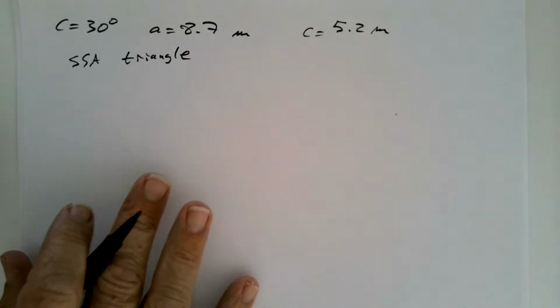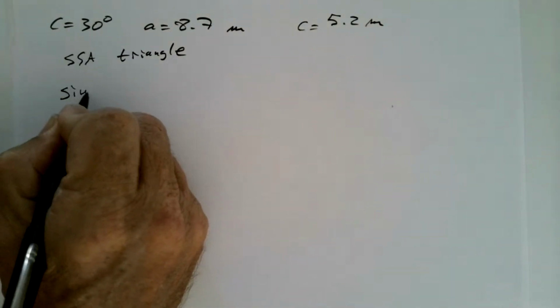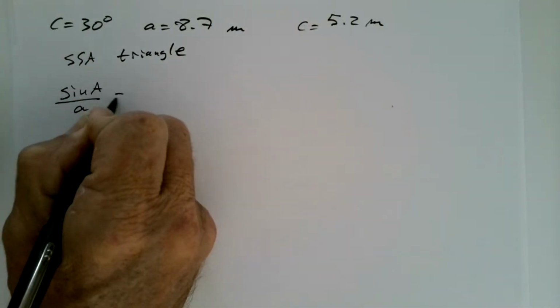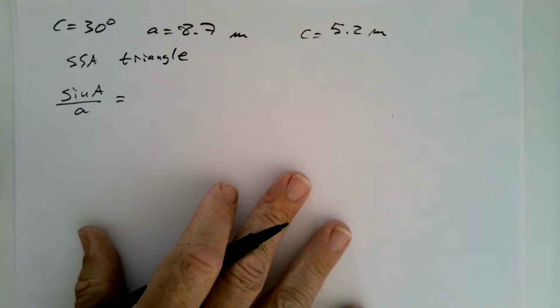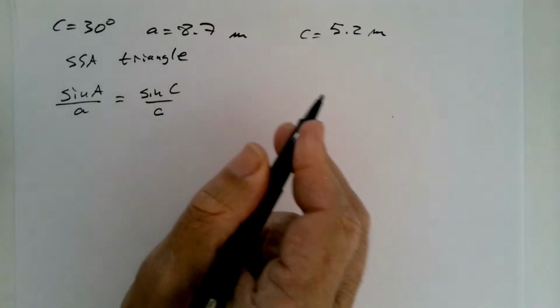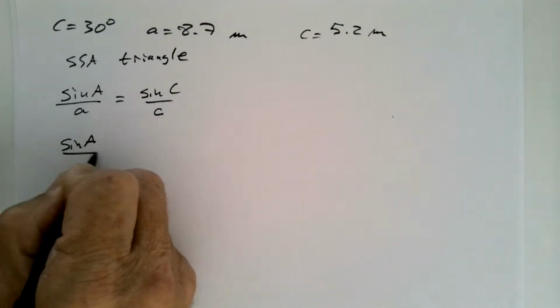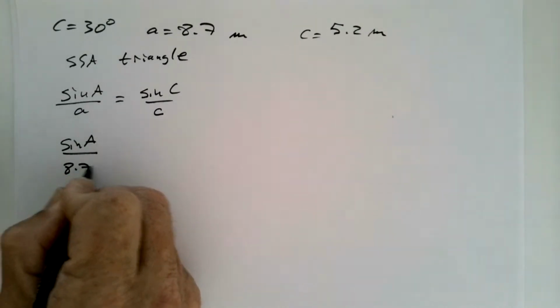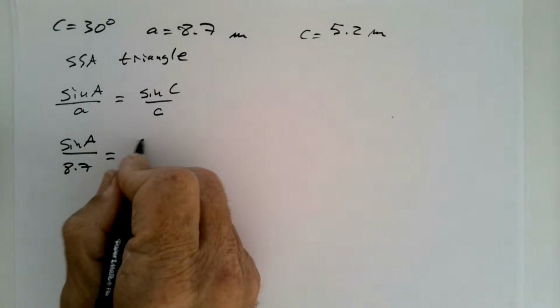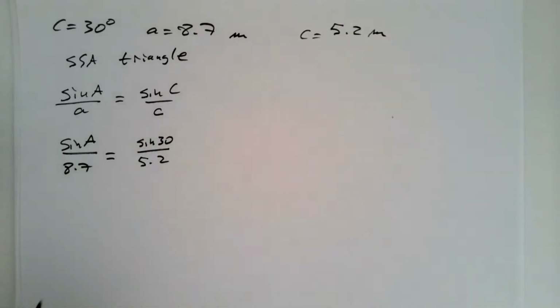So I'm going to start with sine A over a equals sine C over c. Sine A, we don't know that, that's what we're looking for. Sine A over little a, 8.7, is sine C, sine 30, over little c, 5.2.